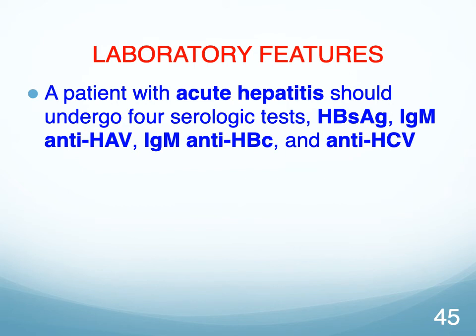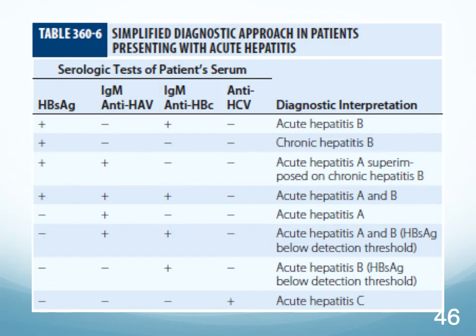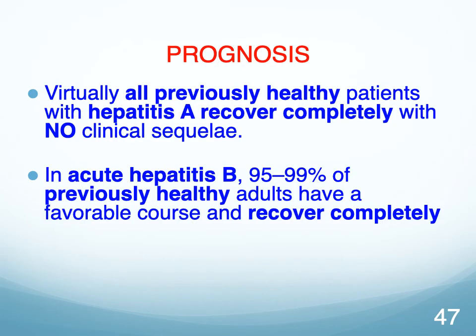You have to have a test for HBs antigen, anti-HAV, anti-HBc IgM, and anti-HCV. So please, those tables that I've shown you, please memorize them. It may come out in the exam.